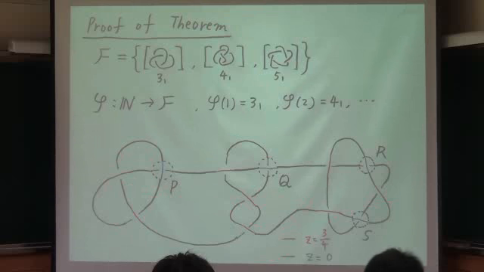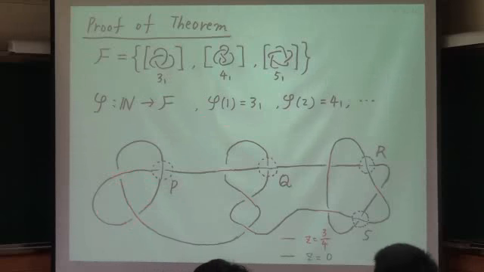This is the xy plane projection, and the important thing is the z level. We put this red part at level 3/4, and put this under arc, the green part, at level 0.